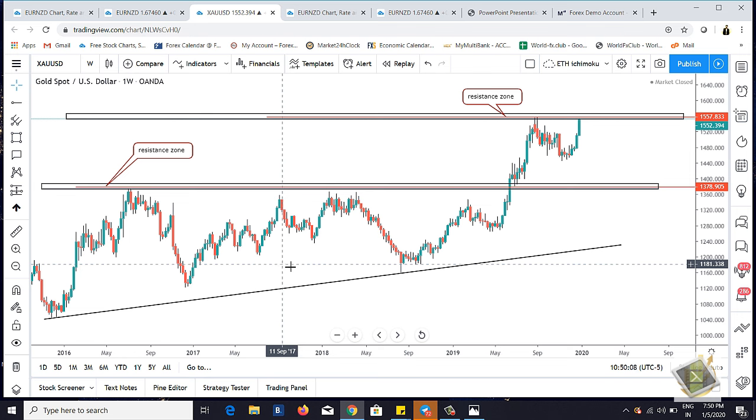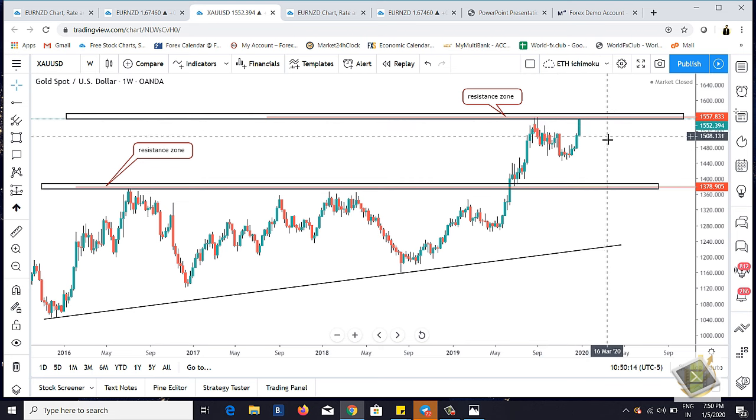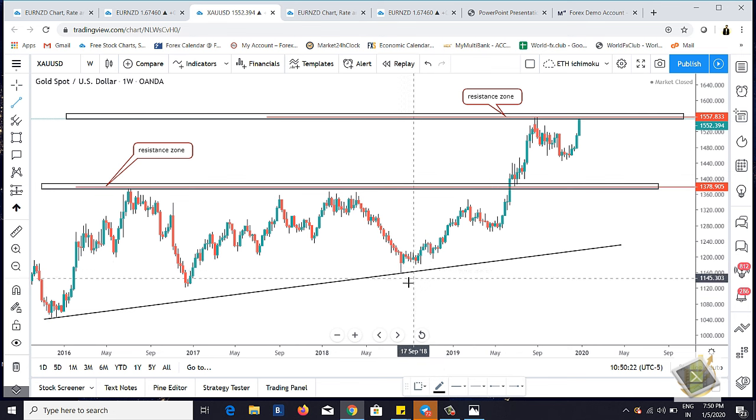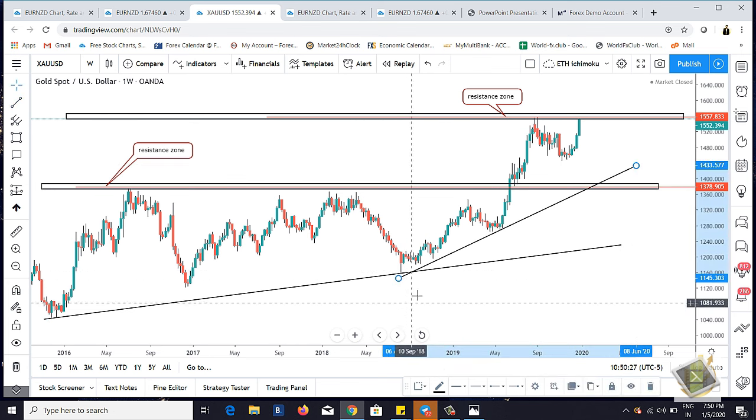Okay, so we know that now price is trading at the peak. It can go down anytime soon, or it can go up. We do not know. So for that we need to analyze the price more carefully. Okay, I can draw one more trend line here because I think it gives more clarity that price is going further up.